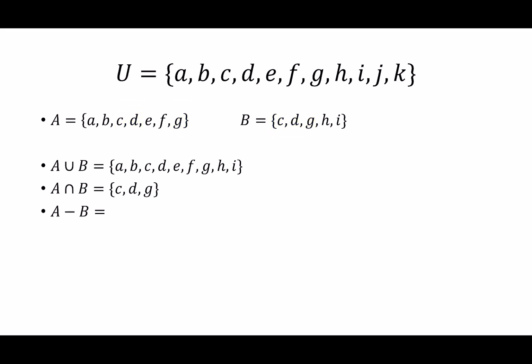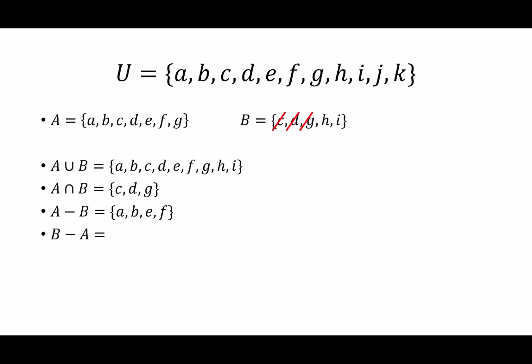When I do A minus B, I'm taking away anything from A that's also in B, which we said was C, D, and G. With C, D, and G removed from set A, I have left A, B, E, and F. If I reverse that and look at B minus A, I'm going to get a different answer. This time I'm going to the set B. I'm taking away anything that was in the set A and looking at what's left over.